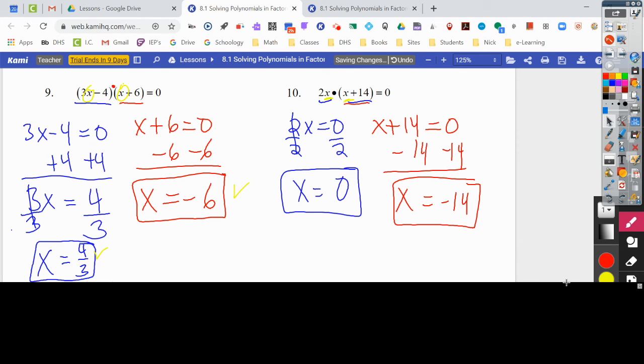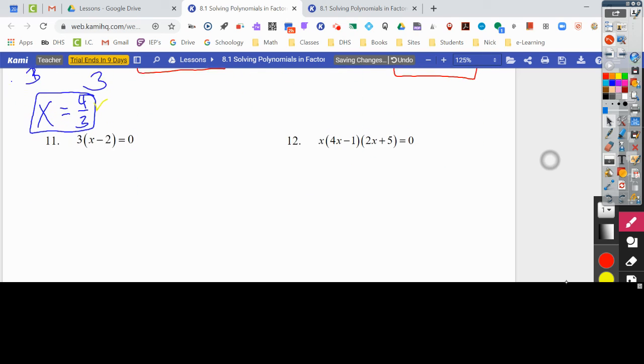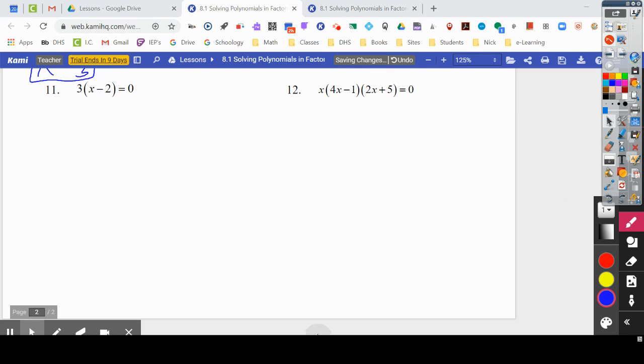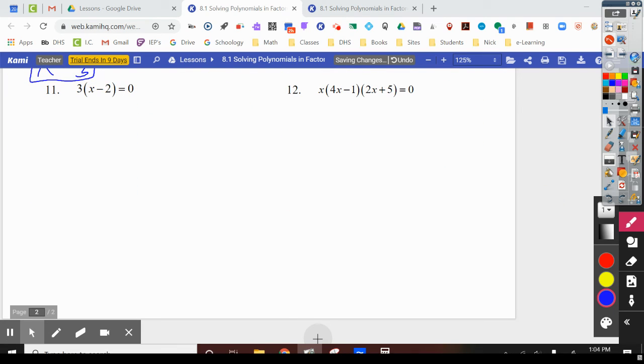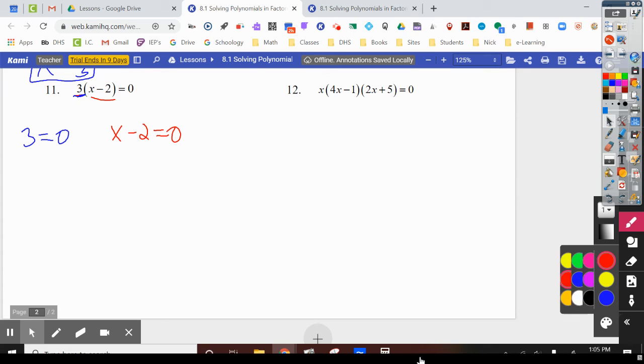All right, let's look at our last two examples here. Number 11 says we have 3 times x minus 2 is equal to 0. Again, we have a product here. We're multiplying these two terms. So we're going to say that this polynomial expression of 3 is equal to 0, and that this polynomial expression of x minus 2 is also equal to 0. So again, we're going to solve for both here.